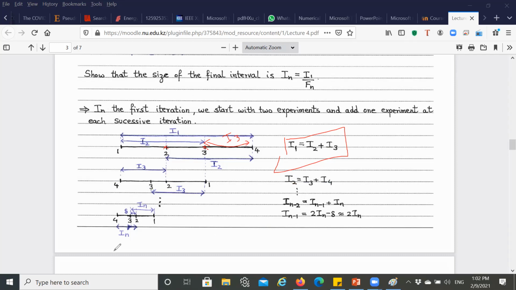The very last stage, where the distance between these 2 points becomes extremely small, let's call it delta, that we can actually say that they're almost the same. So I can say that I_{N-1} is equal to 2 times I_N minus delta. And since this delta is very small, eventually it is approximately the same as 2 times I_N.